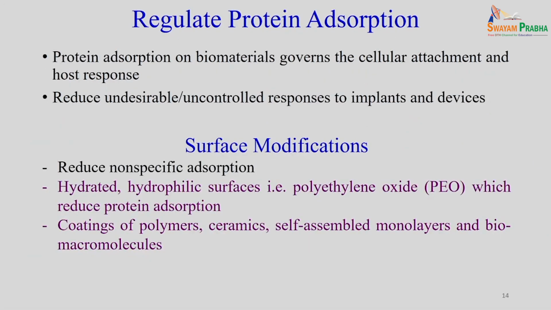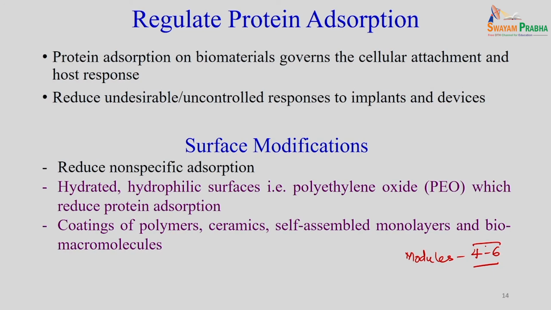Now we will go to regulating the protein adsorption, specifically protein adsorption and cell adhesion. These two we will look at very briefly, because we have already discussed the surface protein interaction and cell surface interaction in modules 4 to 6.